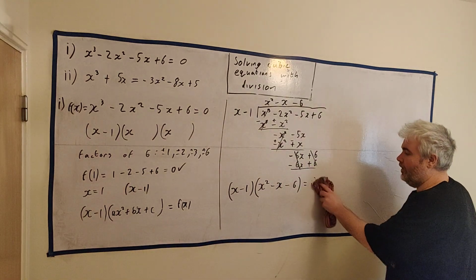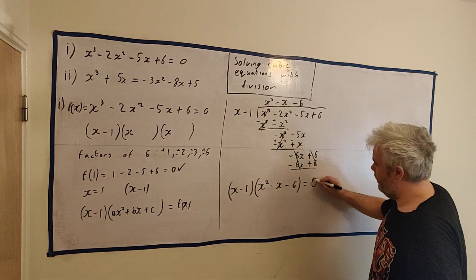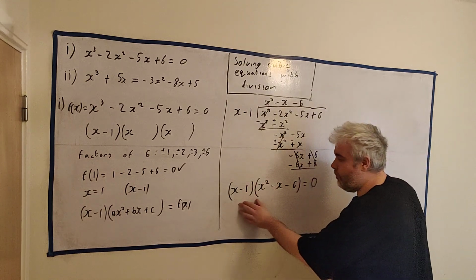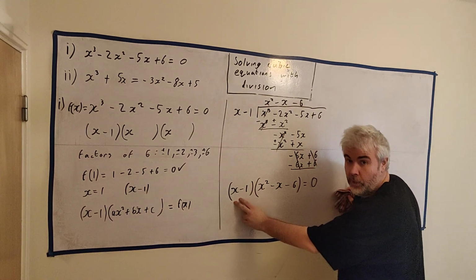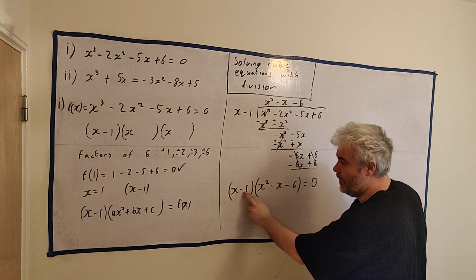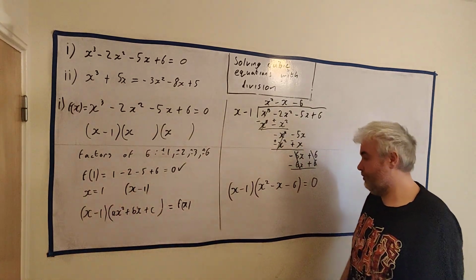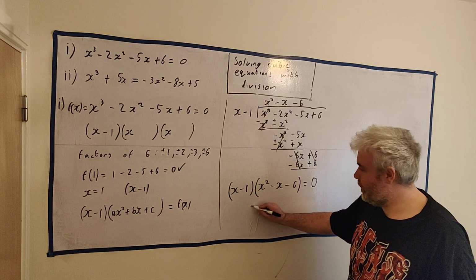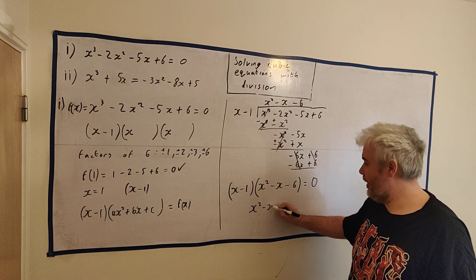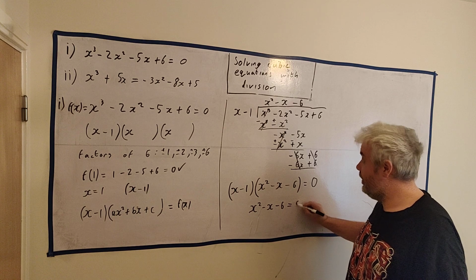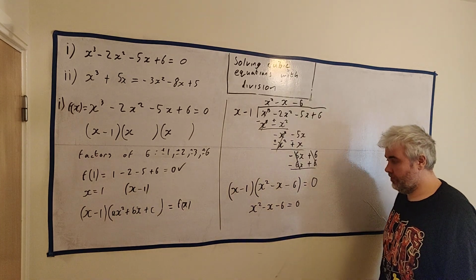So let me just go ahead and put a 0 in there. This now is equal to 0. One of them we already knew. We already knew x minus 1 was equal to 0. We already knew x was equal to 1. But now we've got the new knowledge of x squared minus x minus 6 being equal to 0.